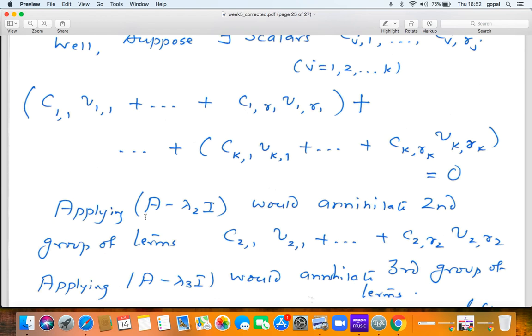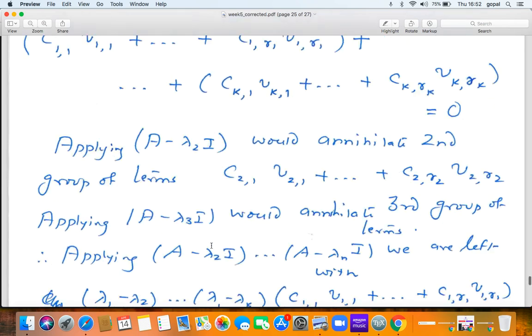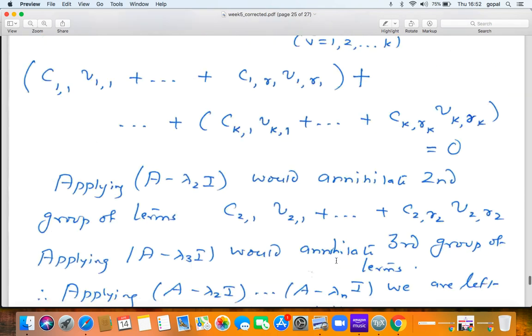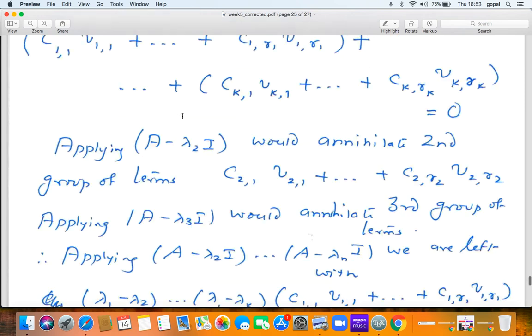Similarly, if I apply A minus lambda 3, all those things in the third parenthesis will disappear. And so I'm going to apply A minus lambda 2, A minus lambda 3, up to A minus lambda k in succession. All the things will disappear except the first parenthesis, because I'm not applying A minus lambda 1.